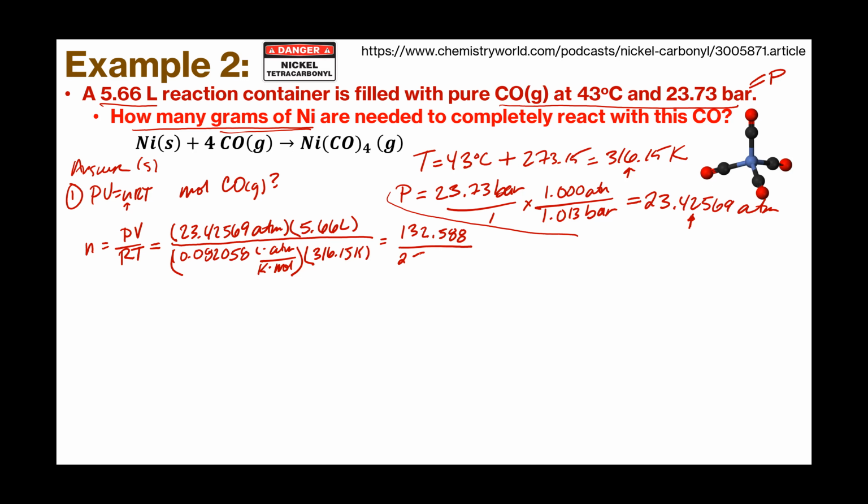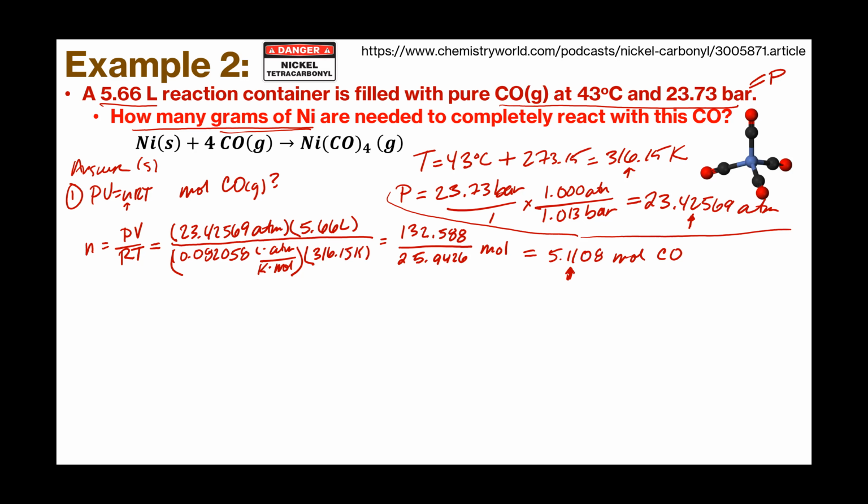Okay, so multiply the top and we multiply the bottom, 25.9426. That fraction has units of moles, which turns out to be 5.1108 moles of CO. We're not going to be done, so we're not going to round it, but when I think through it, this should be 3 significant figures thanks to the temperature and the volume.